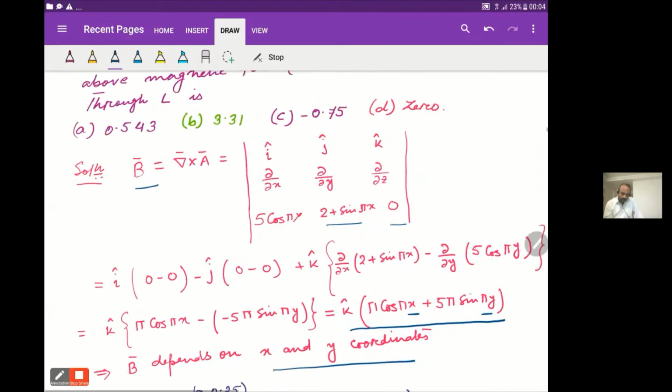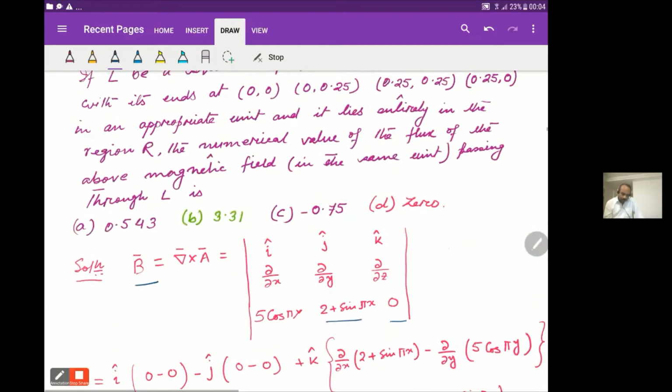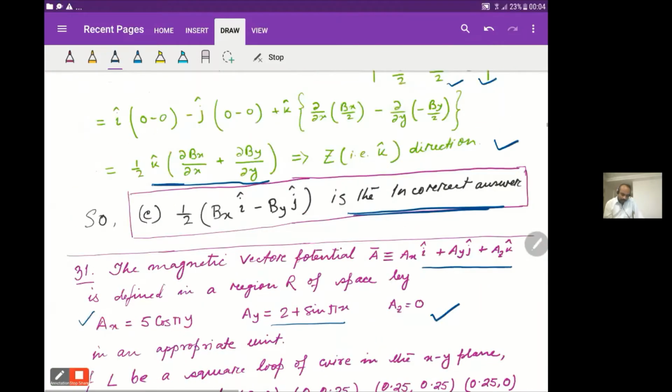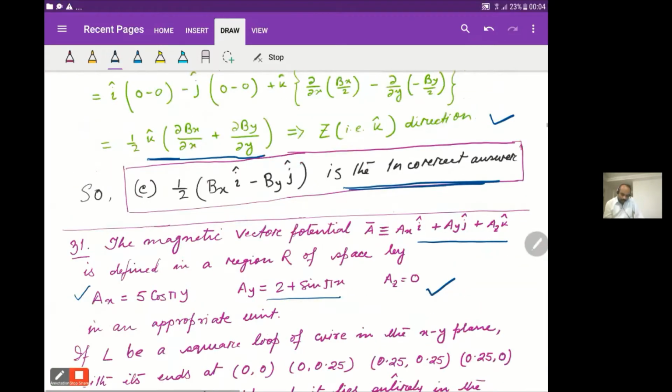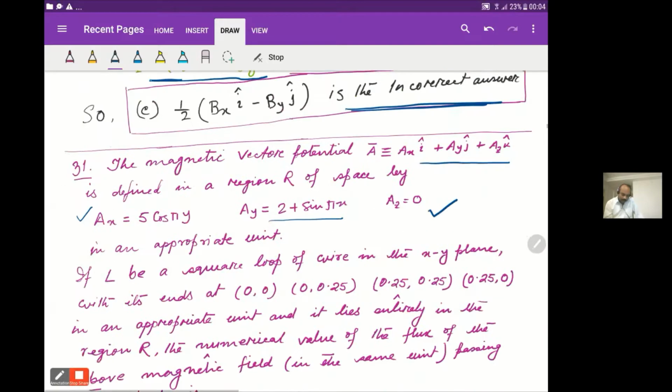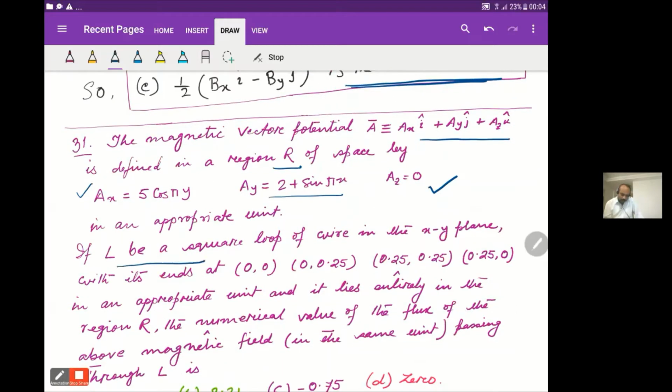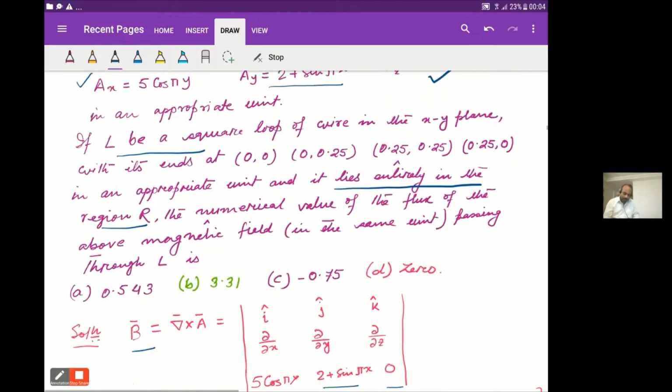Now, what is the problem? The region is R and L is the square loop which lies entirely in the region R. So we have a region R where we have a magnetic vector potential A, and then we have a square loop covering the entire region R, and we have to find the magnetic flux.